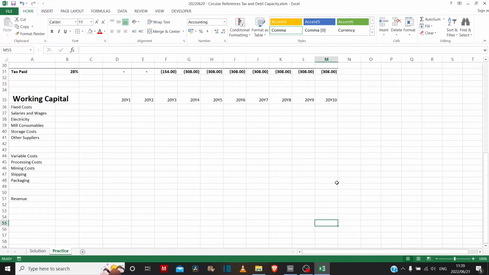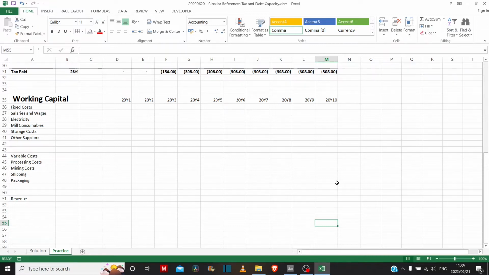So the working capital is just the lifeblood of a business. It allows your business to continue operating while you are expecting payment from your external customers. So we're going to calculate how much cash this business needs to continue its ongoing operations whilst waiting for its customers to pay it the revenue that is due to it.